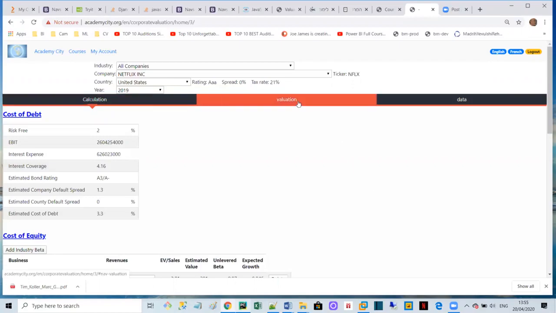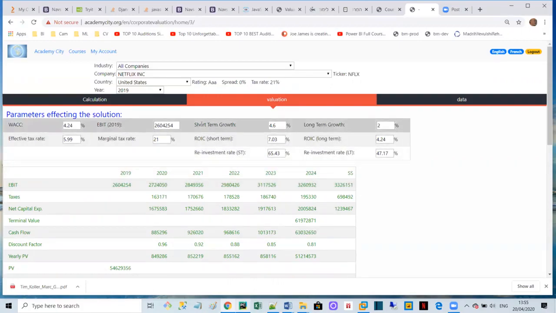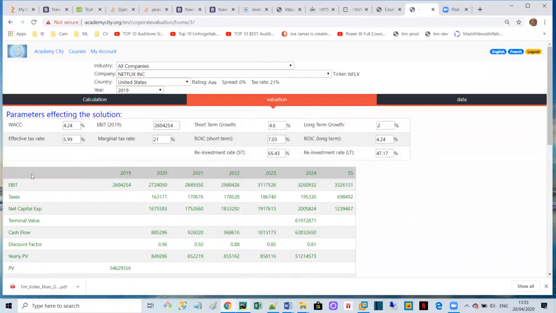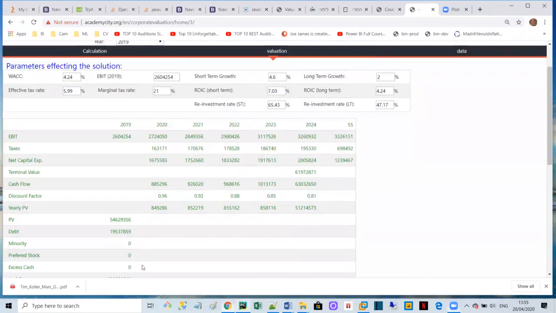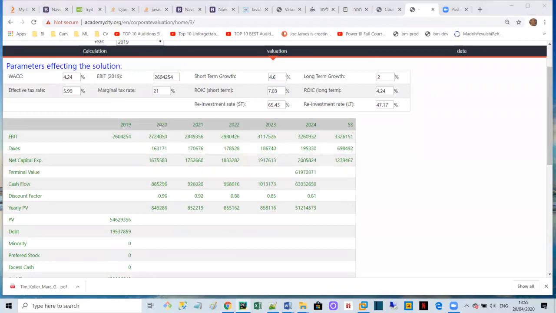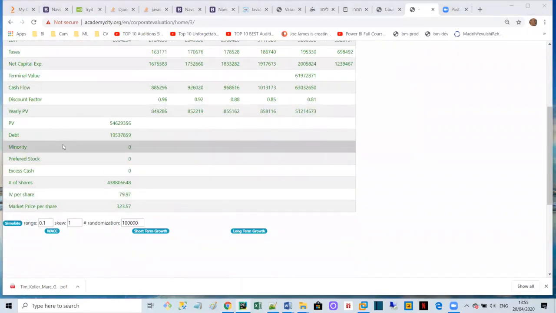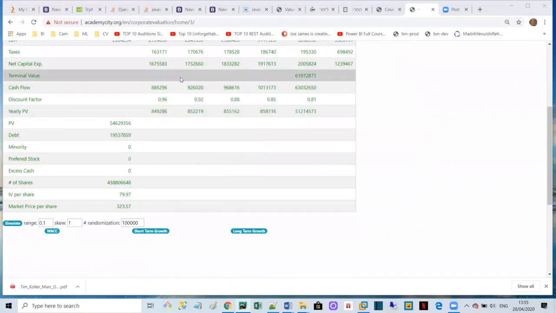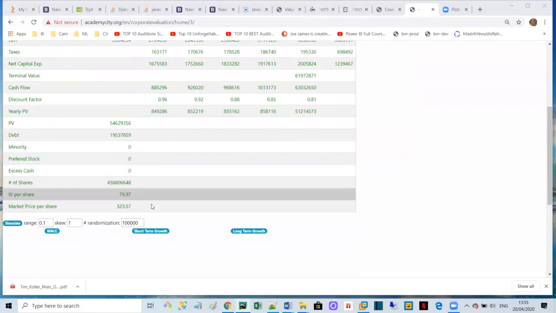The valuation itself, here you get all the parameters that were estimated by the valuation, and then it does the forecast. Let me just get those guys joining us. And here you will have all the calculation, and then eventually we will learn how we do all those calculations and we get the value of the company.